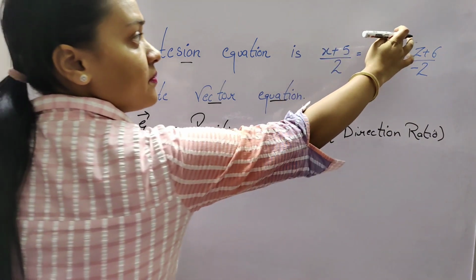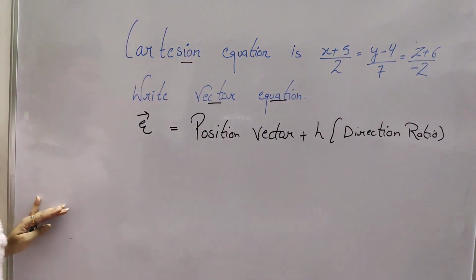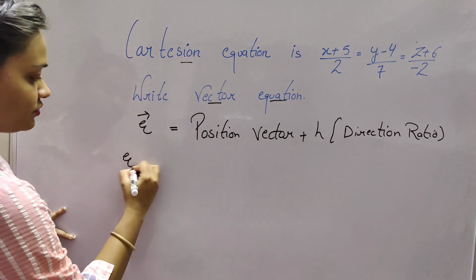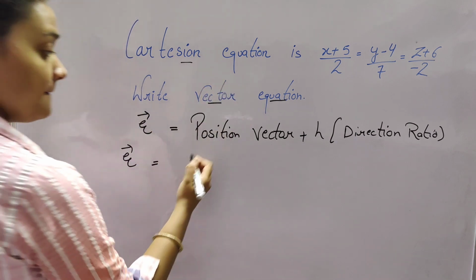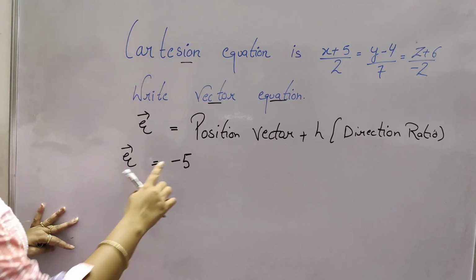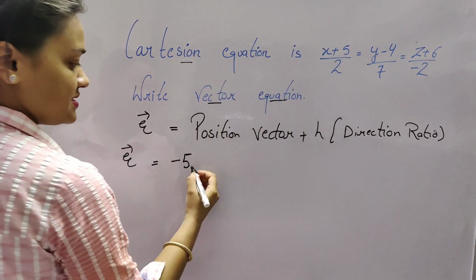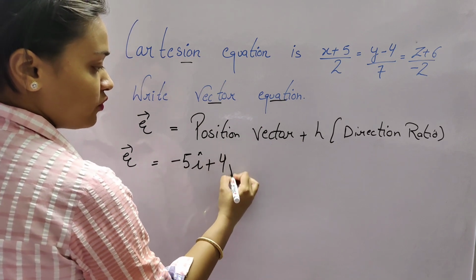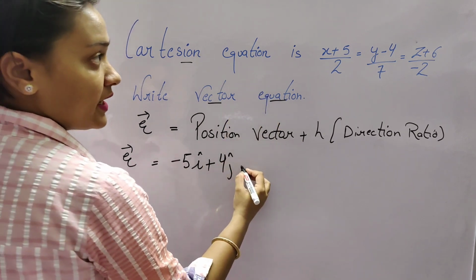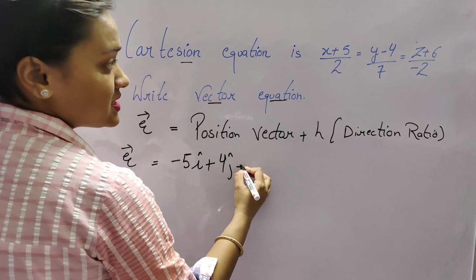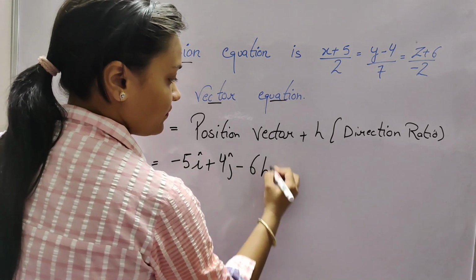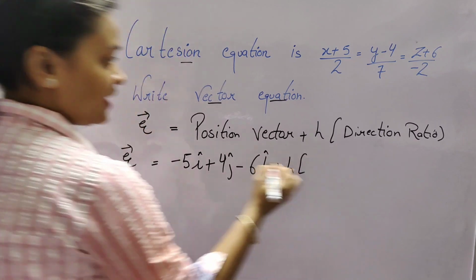So 5, minus 4 and 6, you can say these are the points of a position vector. So how you are going to write this? Minus 5, because minus and minus became plus, that's why we are taking a minus sign here, plus 4j. Then again we write here plus minus 6k, plus alpha of direction ratios.